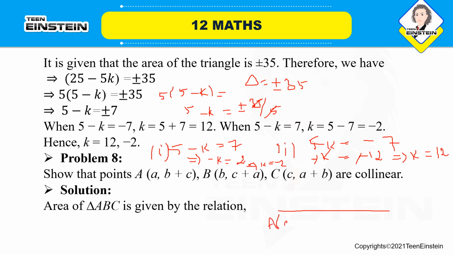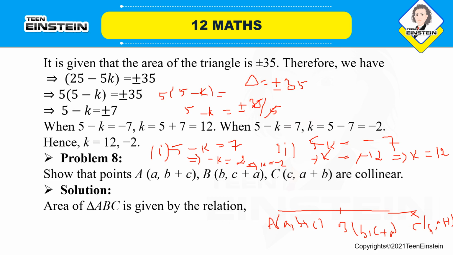First vertex is A of A comma B plus C. Second vertex is B of B comma C plus A. Third vertex is C of C comma A plus B. Okay. We have to prove that the 3 vertices are collinear.